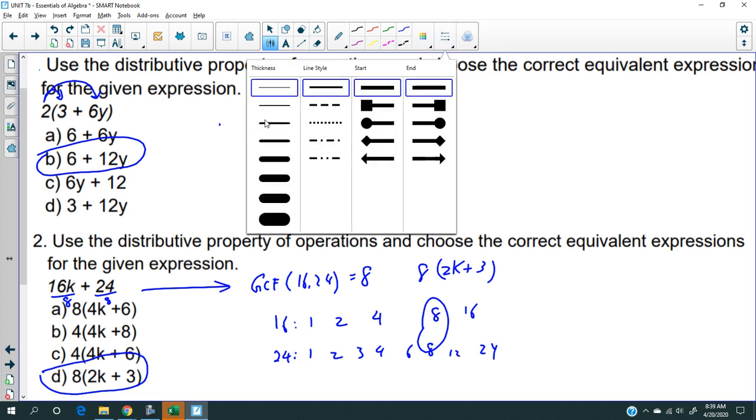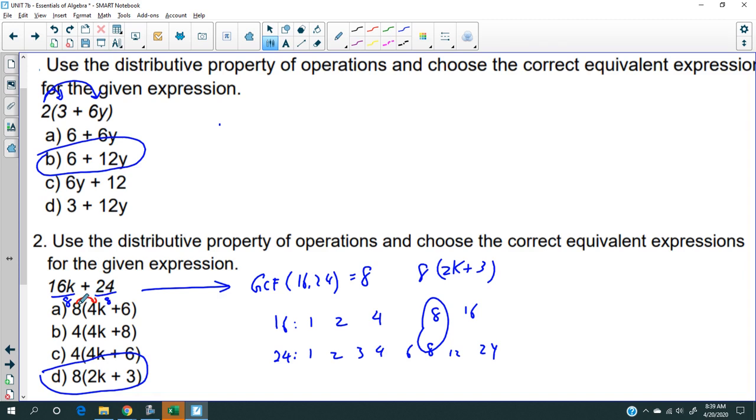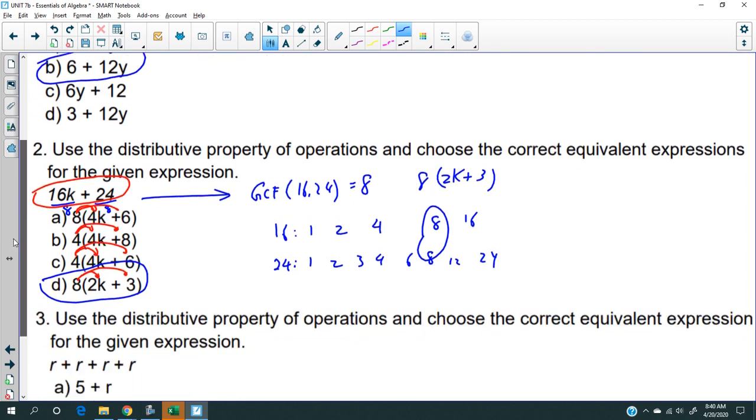Yeah, you can just distribute for all 4 choices, and whichever one looks like this will be your answer. So that's why in the 6th grade it helps. I think in the 7th grade they might not give you the choices, but okay, all right.